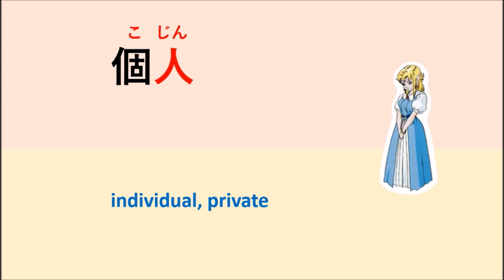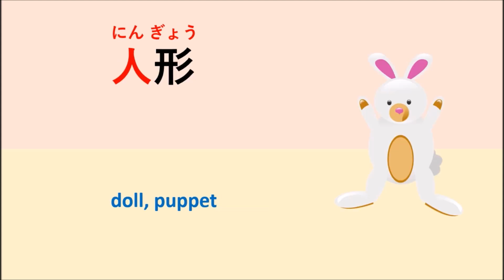Kojin means individual or private. Ningyo. Ningyo means doll or puppet. Here we have the kanji of person and the kanji of katachi.